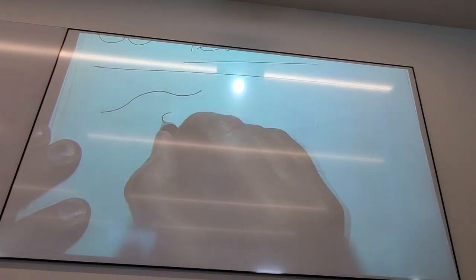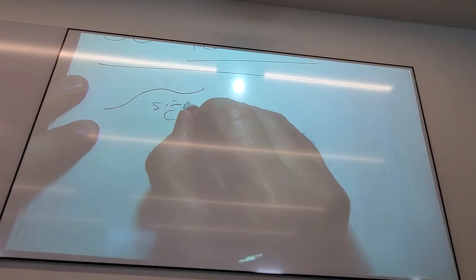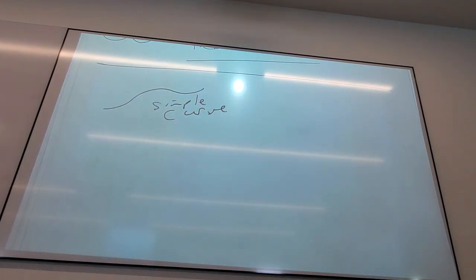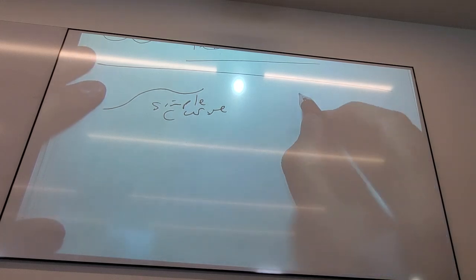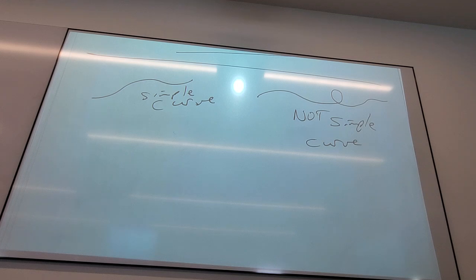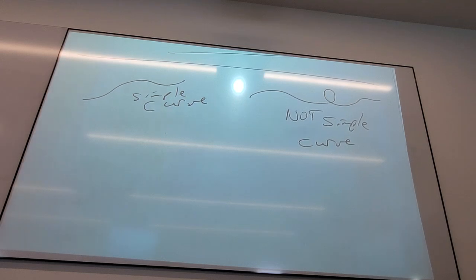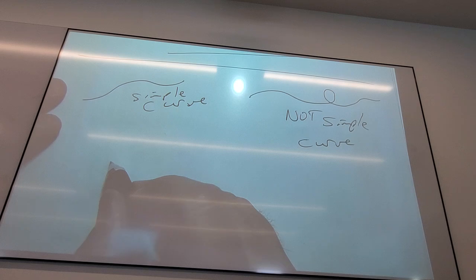So first off, this is a curve. More specifically, it's a simple curve. So what is it about it that makes it a simple curve? Well, to not be a simple curve, it has to loop on itself. This is not a simple curve.